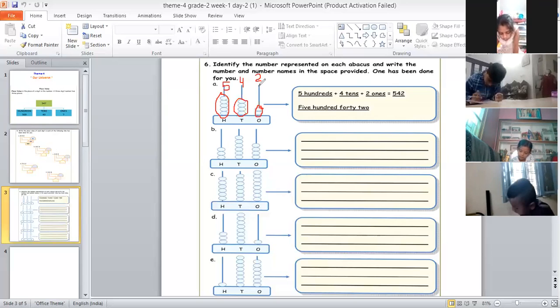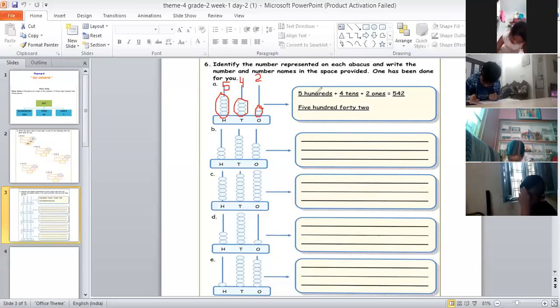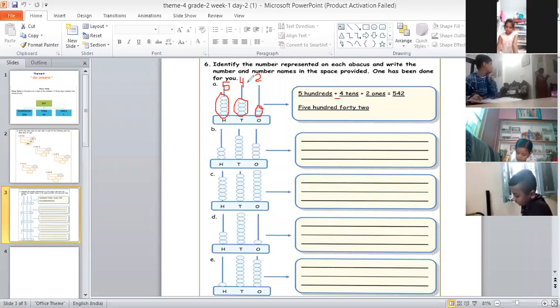Now, if I want to write its expanded notation, children, how will I write? 5 is in the hundreds place, so I will write here 5, and after that, I'll write the spelling of hundreds. Then I'll put a plus sign. Then I'll write the next digit. Next is 4, and 4 is in the tens place, so I'll write the spelling of tens.